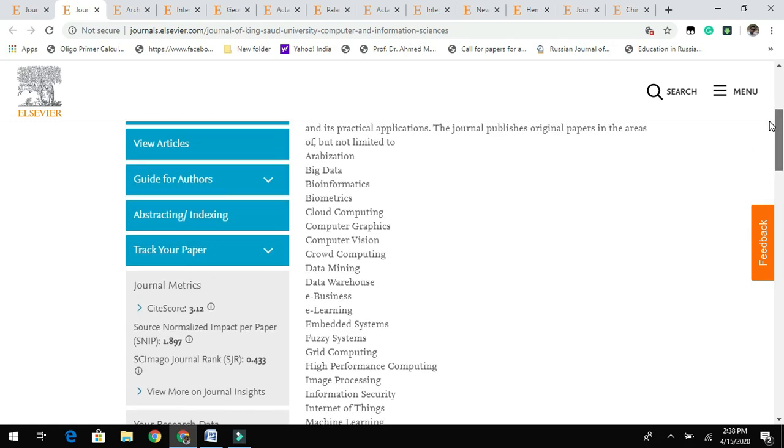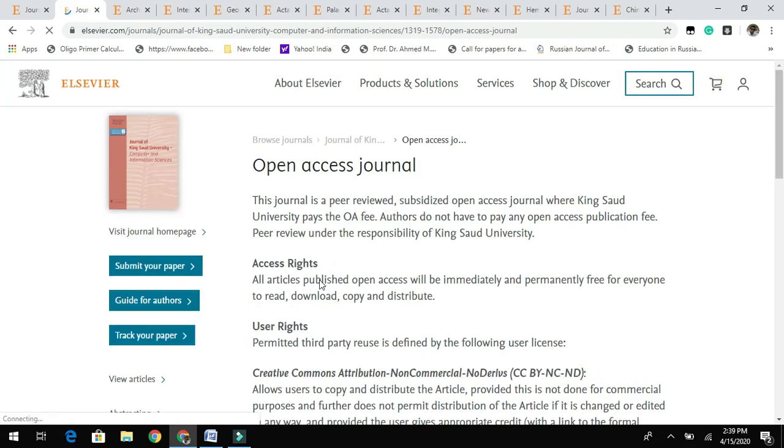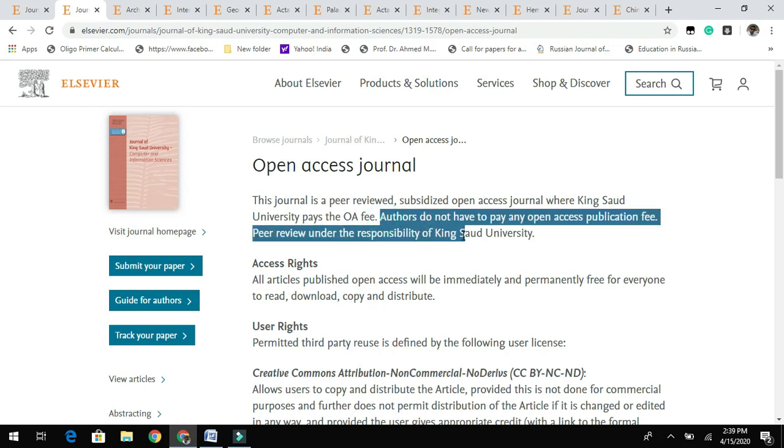And let us see whether this journal is having any article processing fee. This journal is peer-reviewed, subsidized open access journal where King Saud University pays the open access fee. So authors do not have to pay any open access publication fee.